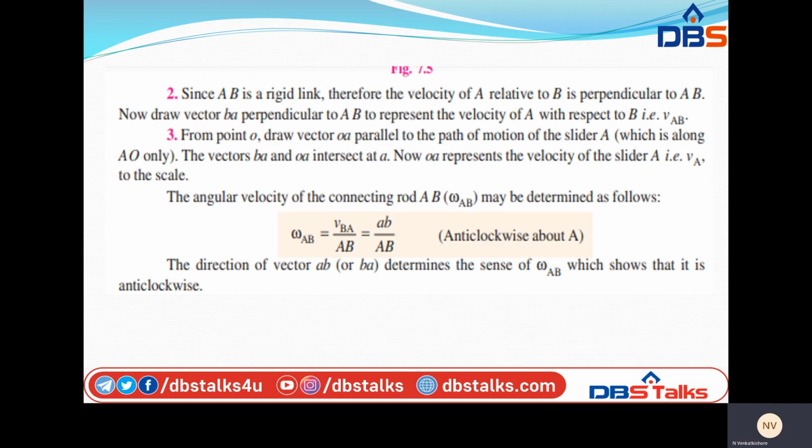Now the angular velocity of the connecting rod AB, omega AB, is equal to VBA by the length AB.